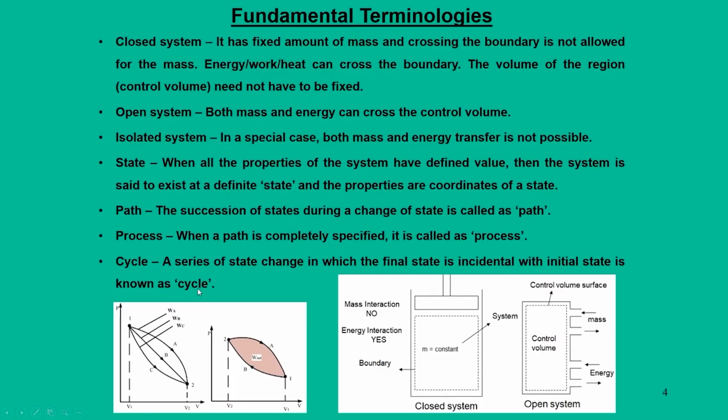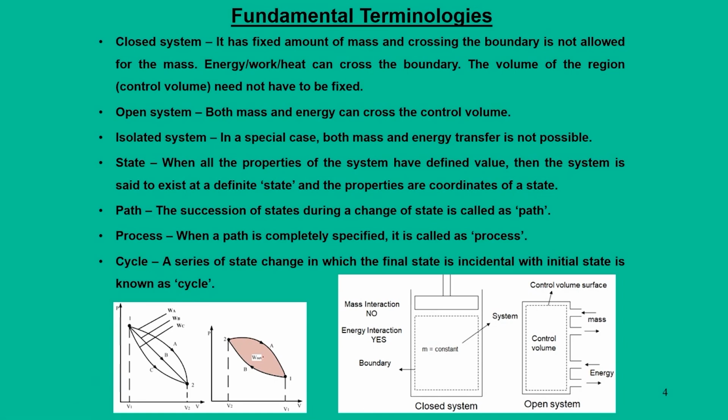It is defined by certain processes, but when you say it is a cycle, the initial state and the final state must be identical. So we define a cycle as a series of changes of state in which the final state is identical with the initial state.